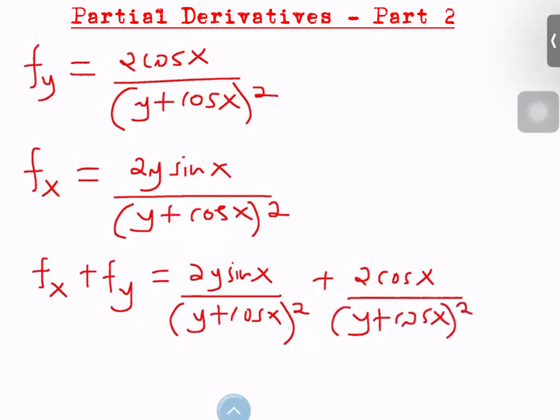The denominators are the same, so we can add the numerators: 2y sine of x plus 2 cos x, all divided by (y plus cos x) squared.